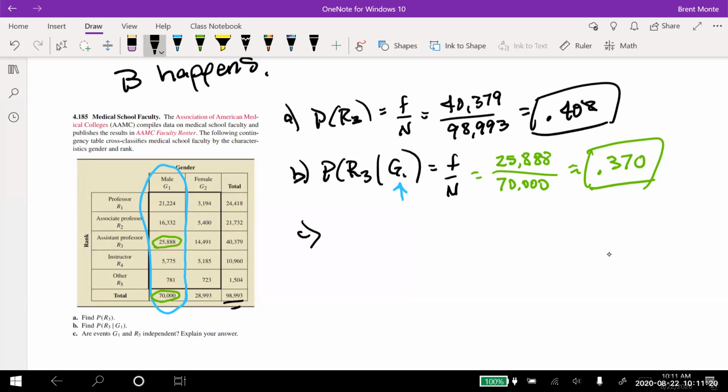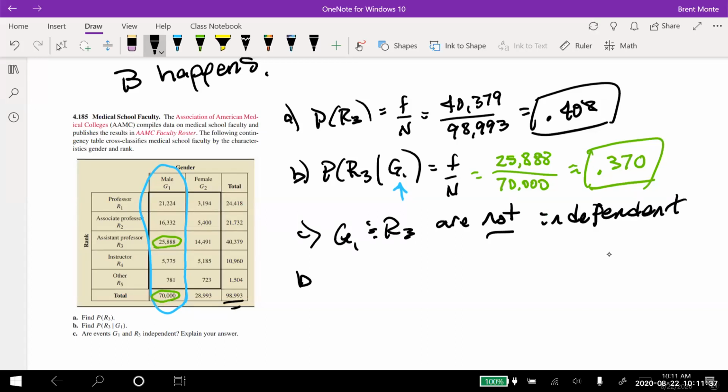So on part C, I'm going to say G1 and R3 are not independent, because probability of R3 does not equal probability of R3 given G1.